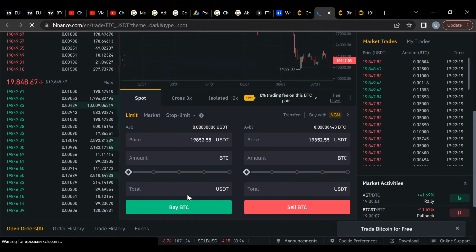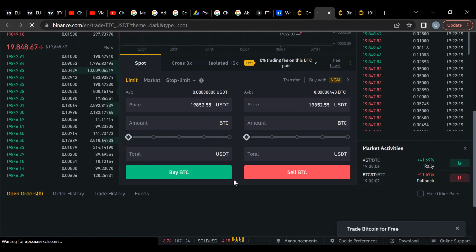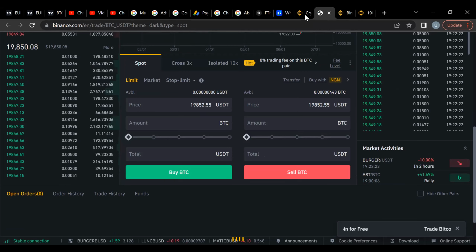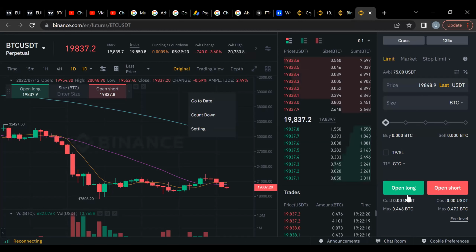You see that with spot you have buy, you have sell, buy BTC, sell BTC, right? But for futures, that's not what you have. You have long, you have short. That's what I want you to see. For futures you have open long, open short, just to show you that on futures you are only betting on the price difference. You are not actually buying the coin.